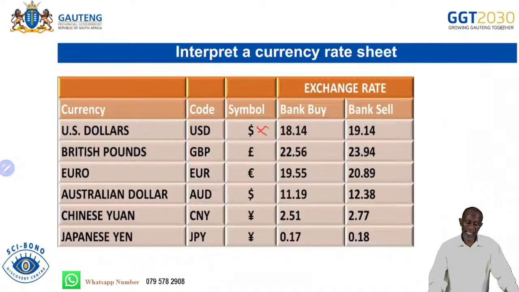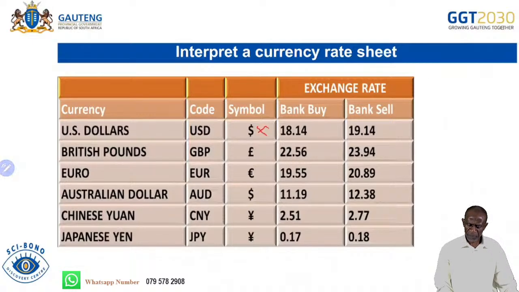Another aspect that you will find on the currency rate sheet is the exchange rate itself, and it is expressed as a bank buying rate and a bank selling rate.